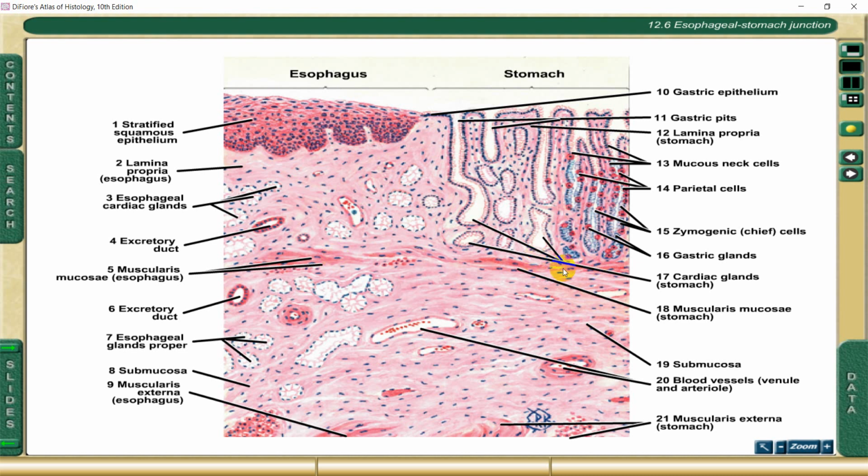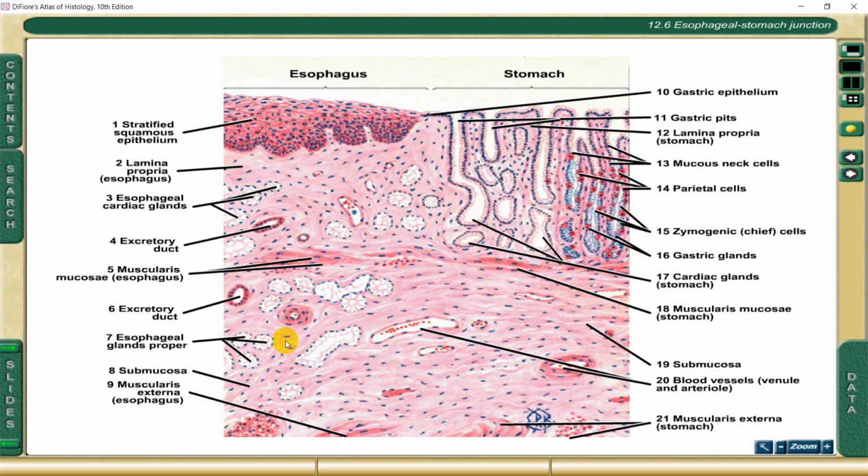In the stomach, two layers. Muscularis mucosa in the stomach, two layers, inner with the gastric and outer. So the difference is in the epithelia, gland and muscularis mucosa.